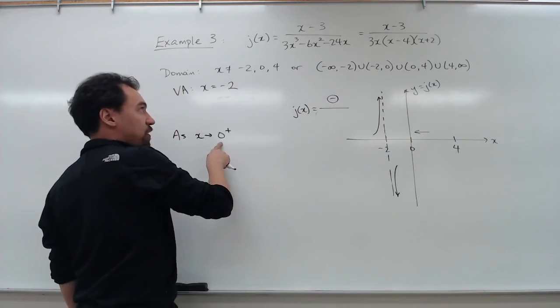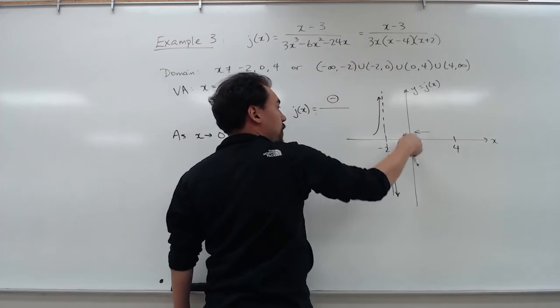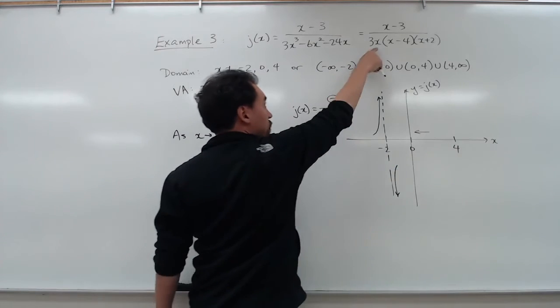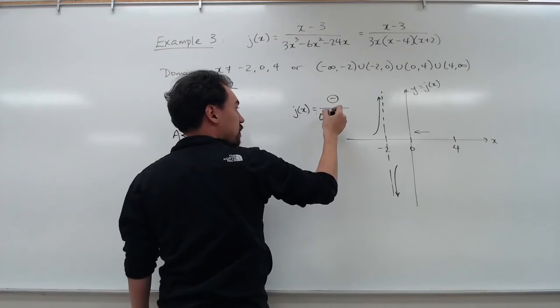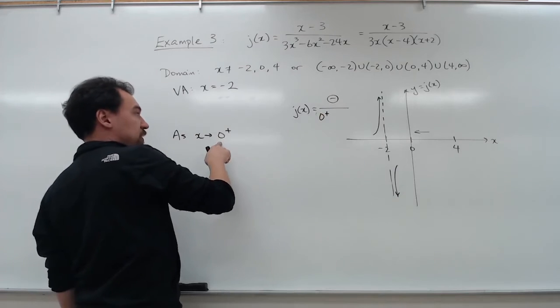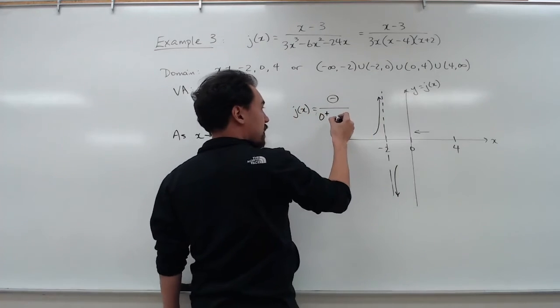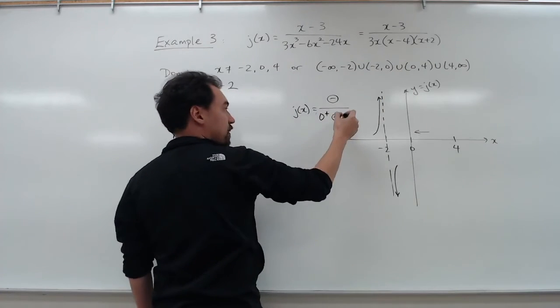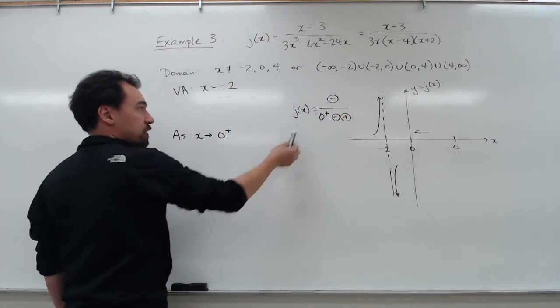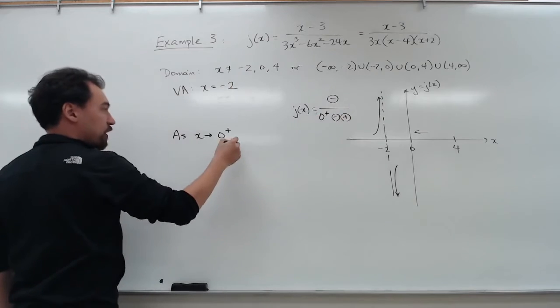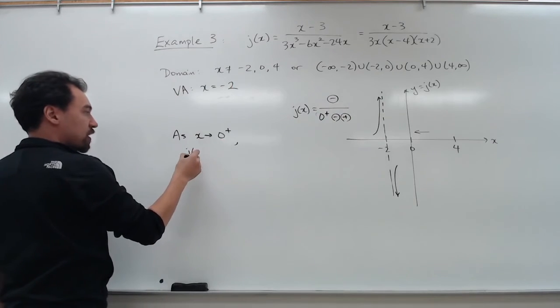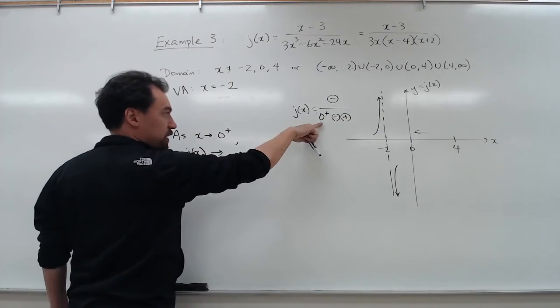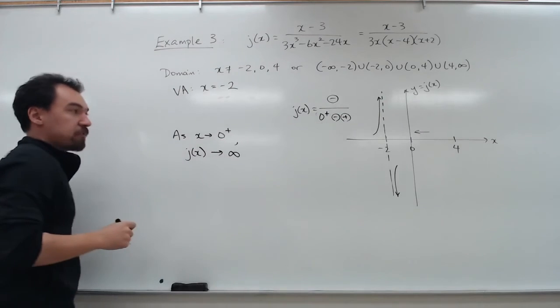I'm close to 0, which means this is close to 0, but I'm a little bit more than 0, so this is a little bit positive. Close to 0, but positive. Then close to 0, minus 4 is a negative number. Close to 0, plus 2 is a positive number. So negative divided by negative is going to give me a positive result, but since I'm dividing by close to 0, I go positive big.